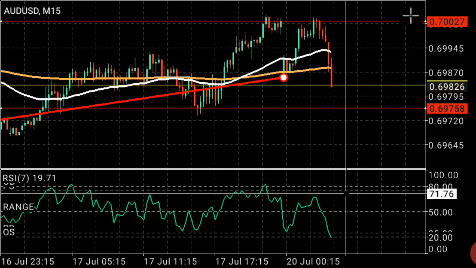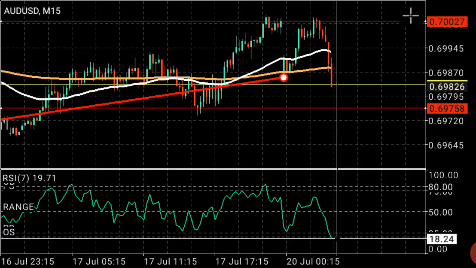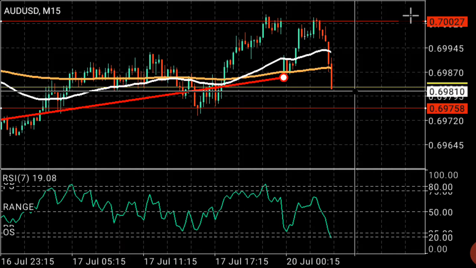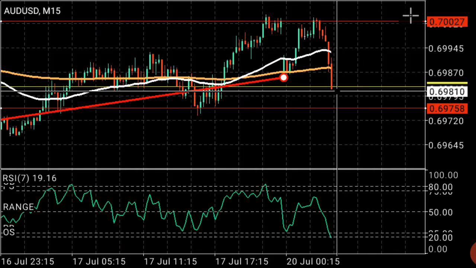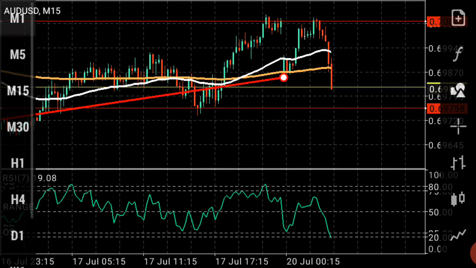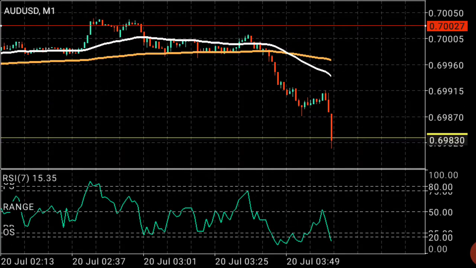Now, as you can see, the RSI is entering oversold territory, so I don't expect this to fall much longer. But in the M15, what I would do is try to get a sniper entry here. I would check to see where it's at in the 1 minute. At the 1 minute, it's at the bottom of the RSI line.